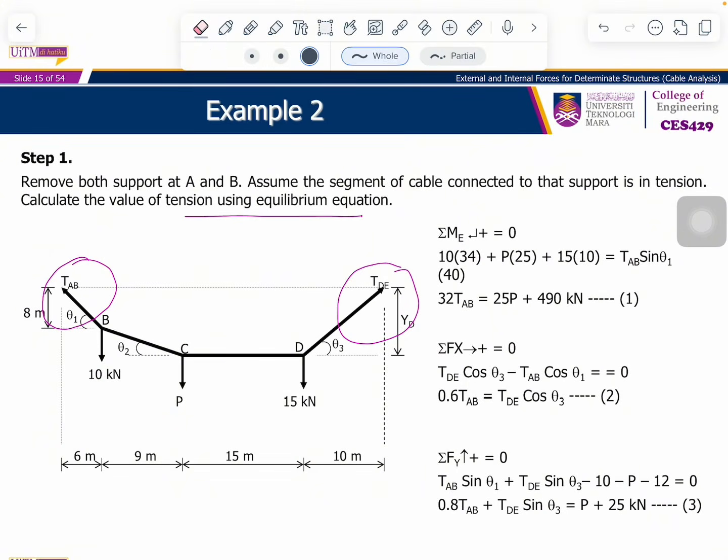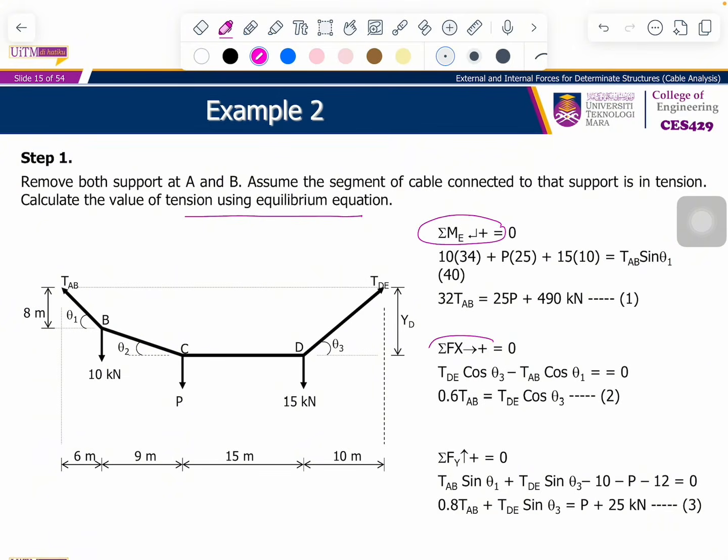When we talk about equilibrium equations, it means we can use the moment equilibrium equation, the horizontal equilibrium equation, and the vertical equilibrium equation. Like this: moment at E equal to 0, Fx, rightward direction positive, equal to 0, and Fy, going up positive, equal to 0. So we can use these three equilibrium equations in order to solve this problem.